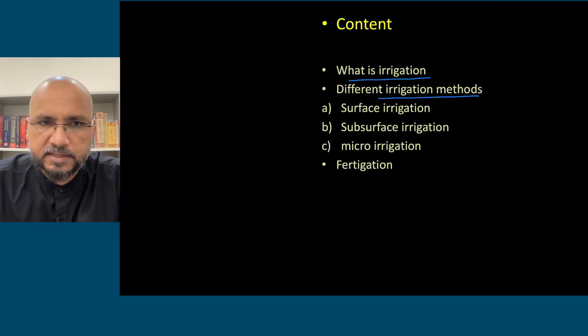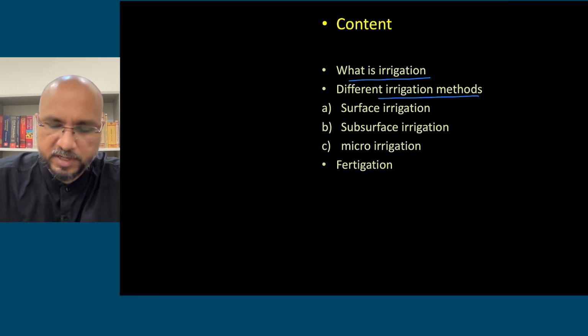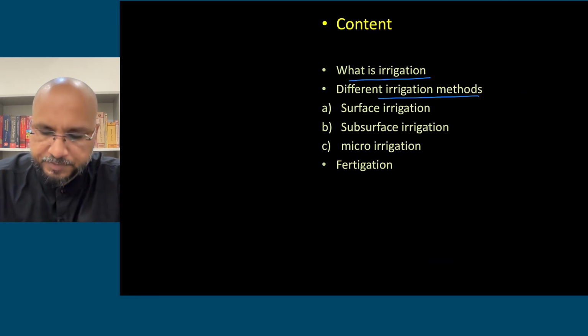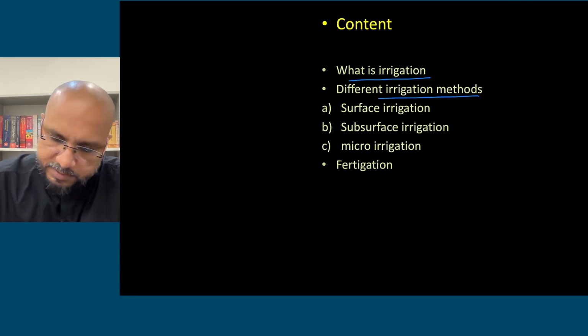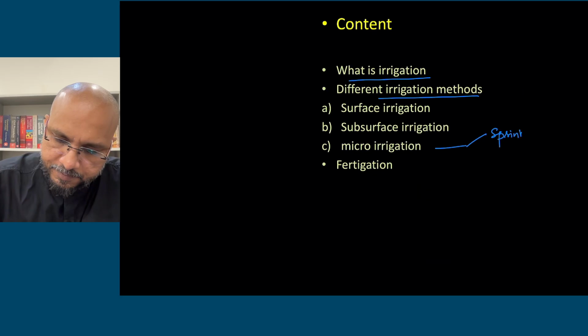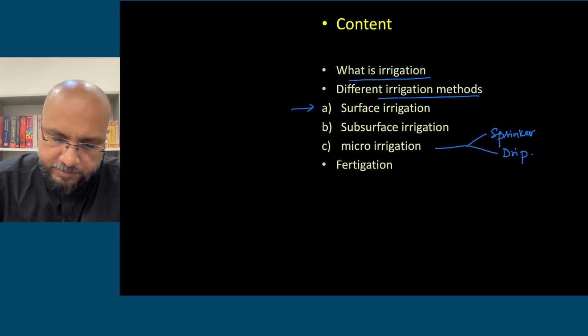Surface method, where we apply the water on the surface of the soil. Subsurface, where we directly apply the water beneath the soil. And micro irrigation, where we'll discuss both sprinkler and drip irrigation methods. We'll discuss these 3 things in the first video.